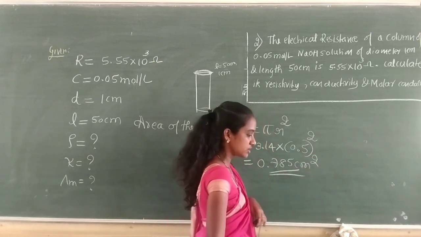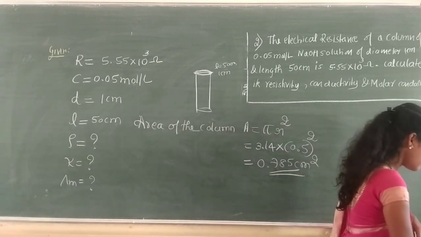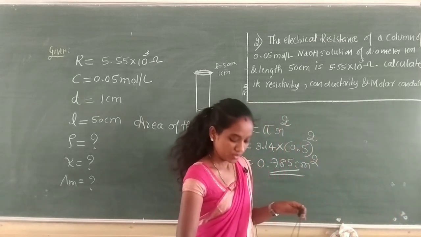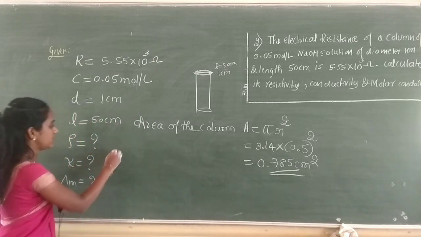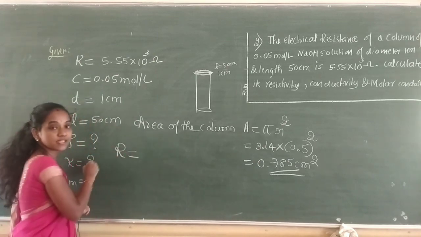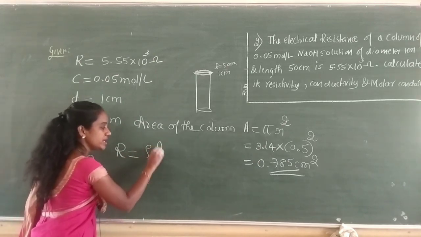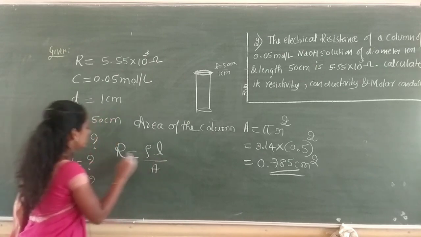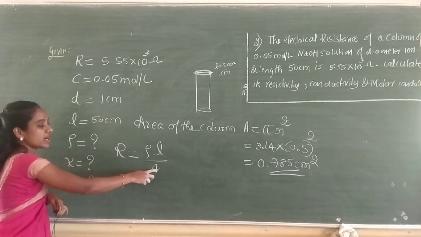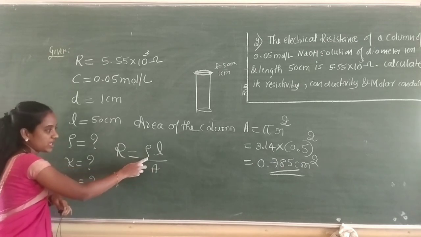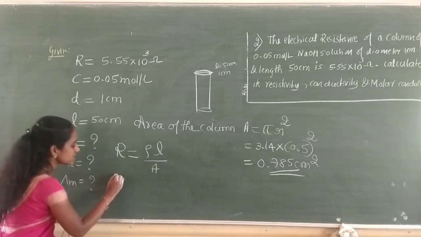Okay. So this is area. Now we can calculate the resistivity. So we have R, resistance is equal to rho into L divided by A. Resistance R is given and L is also there and A, area, is known. We can directly calculate the resistivity.